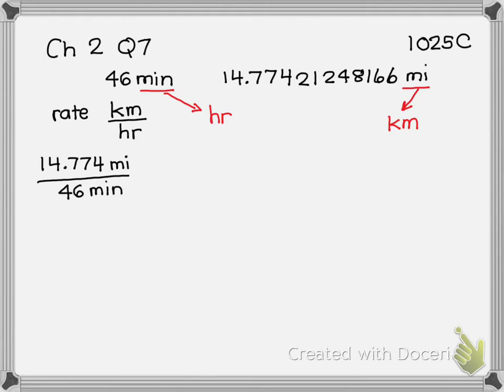So at this very moment, if I took 14.774 miles and divided it by minutes, 46 minutes, I would have the miles per minute. So now I'm going to focus on miles, and I'm going to try to convert it to kilometers.